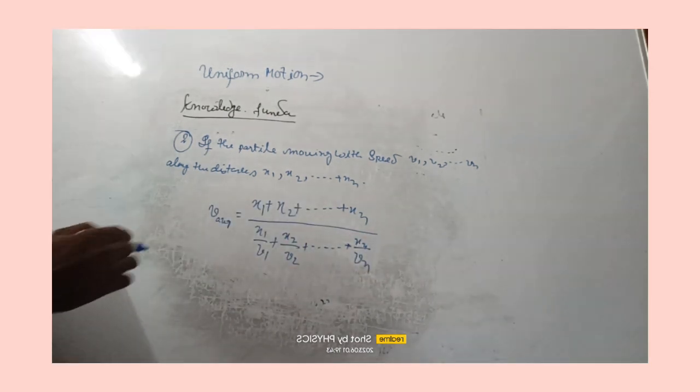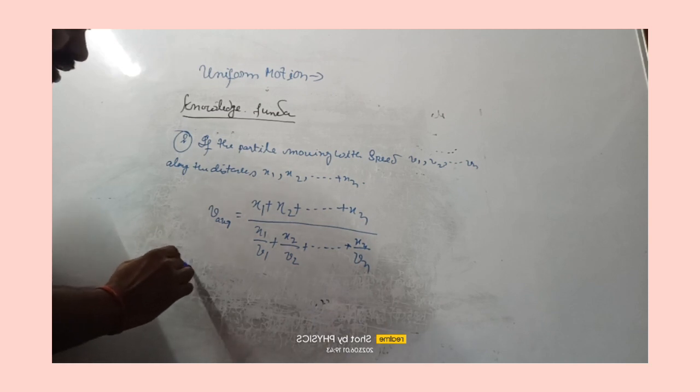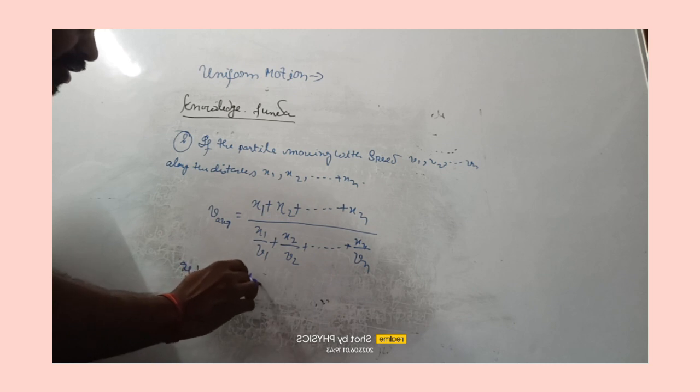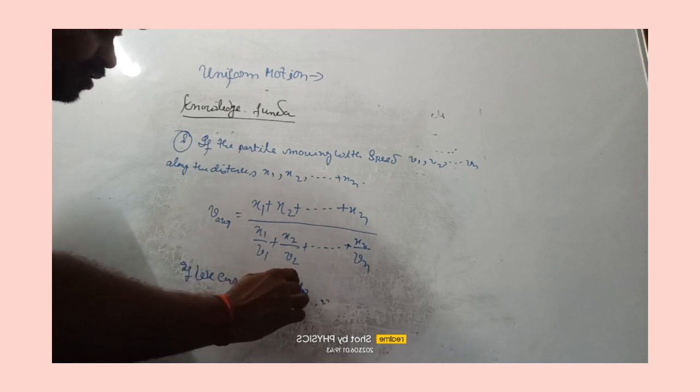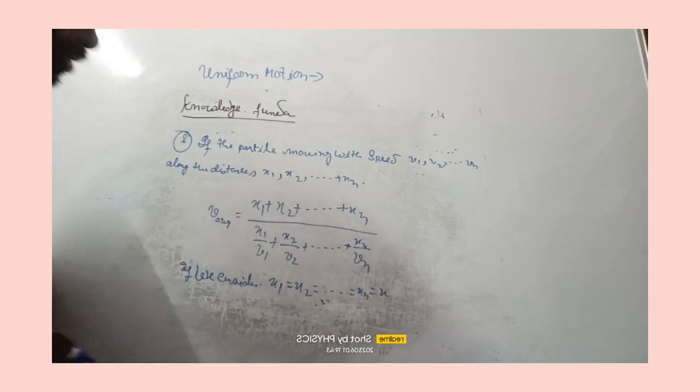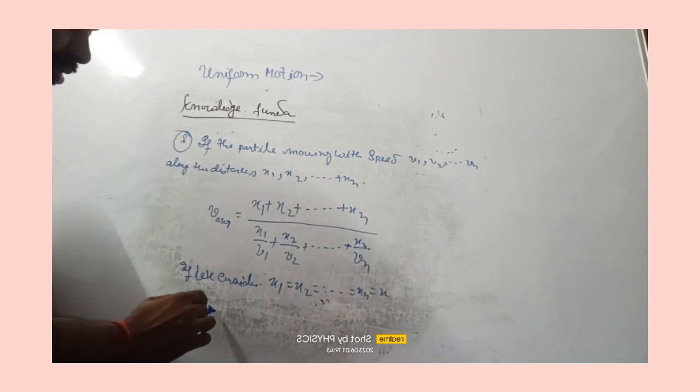Now if we consider x1 equals x2 equals dot dot dot xn equals x, then what will be the V average?